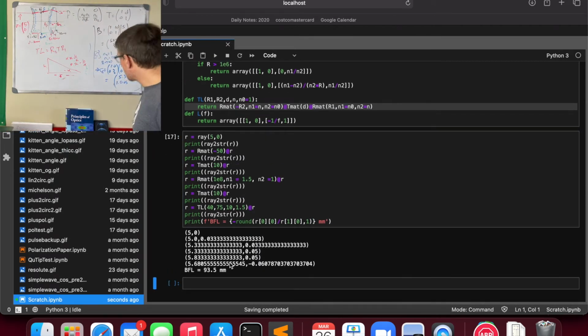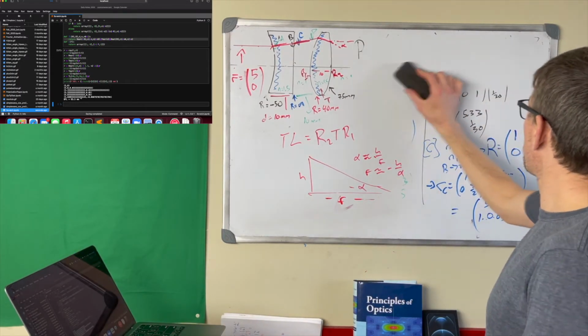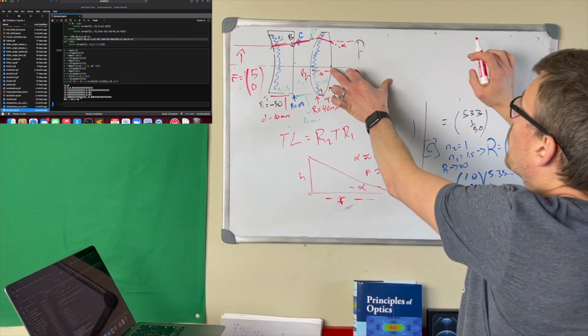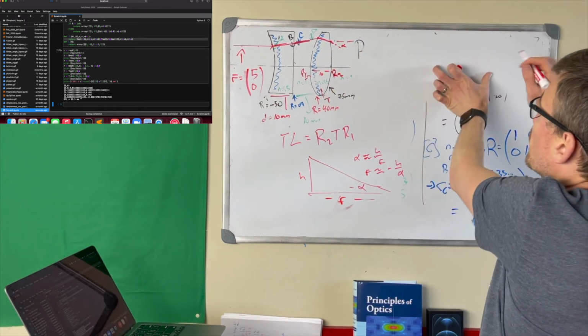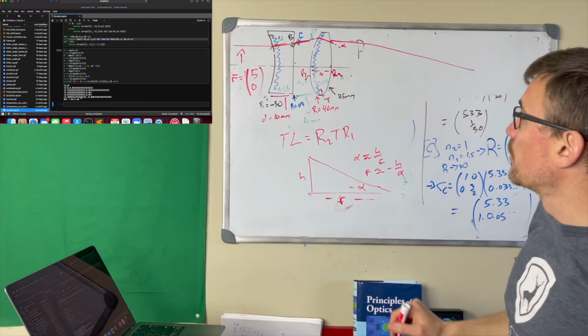So that means that this ray here is going to go, well, if this is 30, it's going to go about 3 times that. So to scale, it would be something like this. And that's what that beam would do.